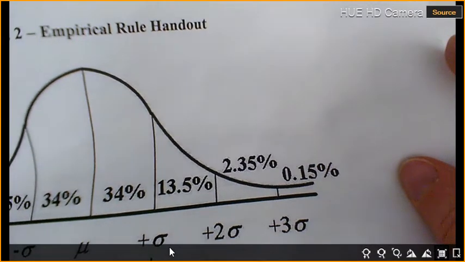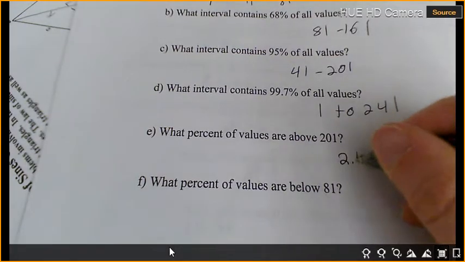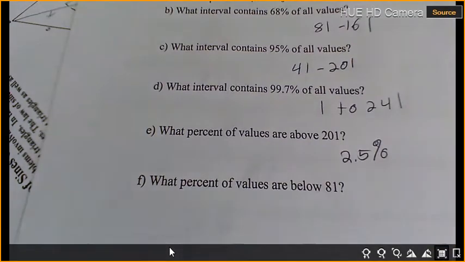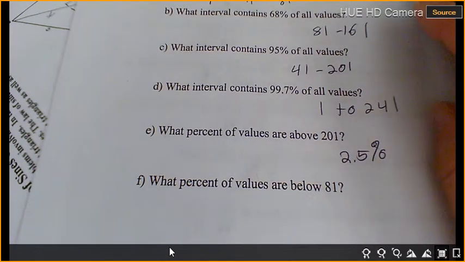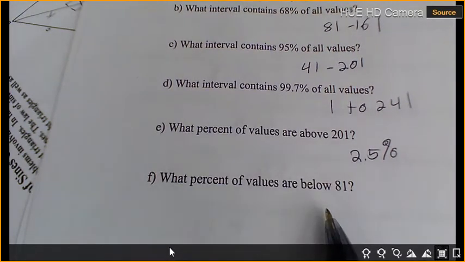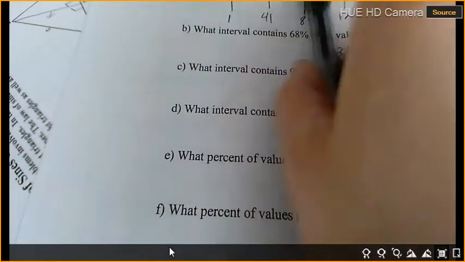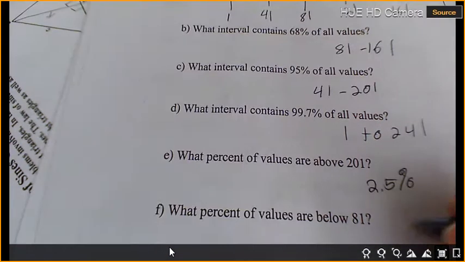You guys see that? So it should be 2.5%. Yeah, because that's on the other side of it. So we want above. What percent of values are below 81? So we're going to add everything up below 81. We get 16%.